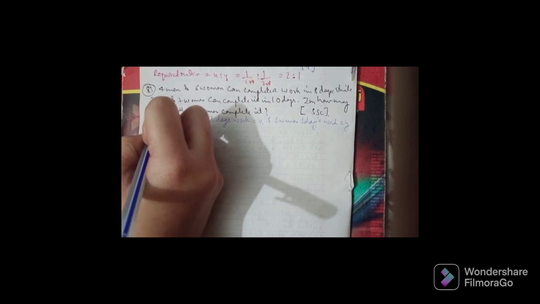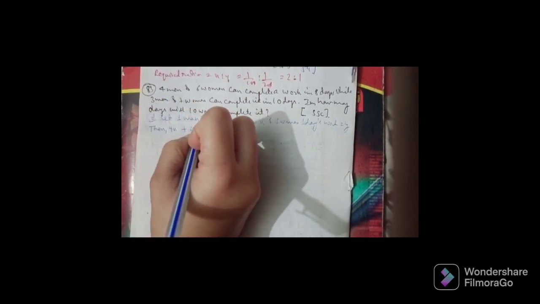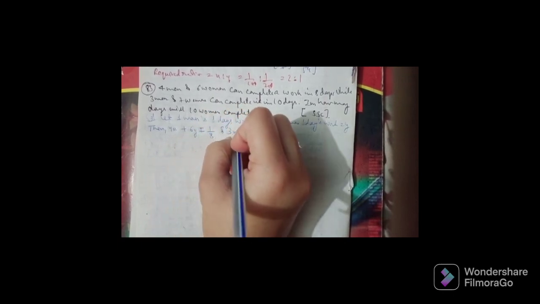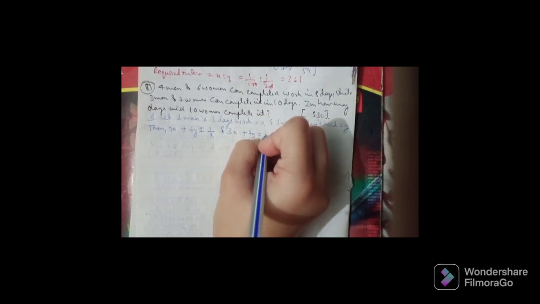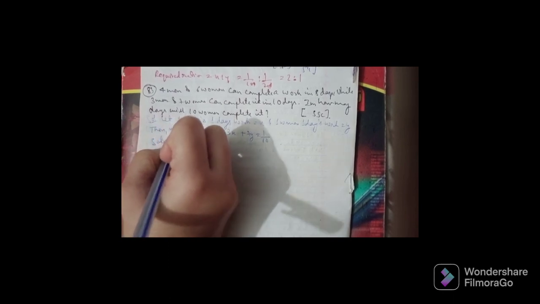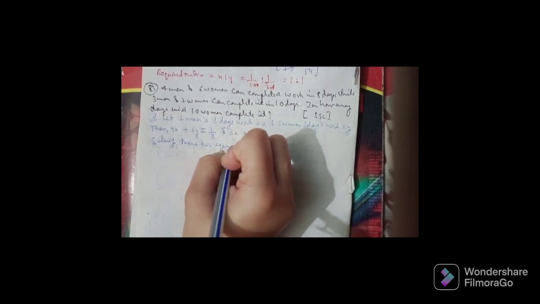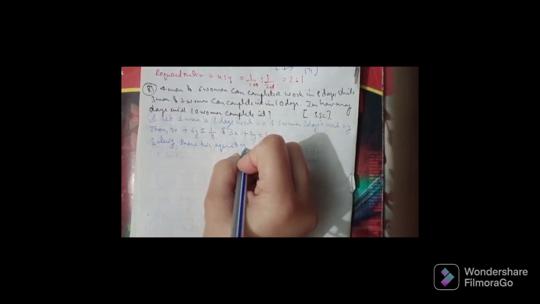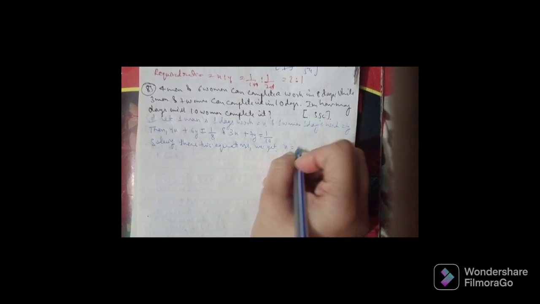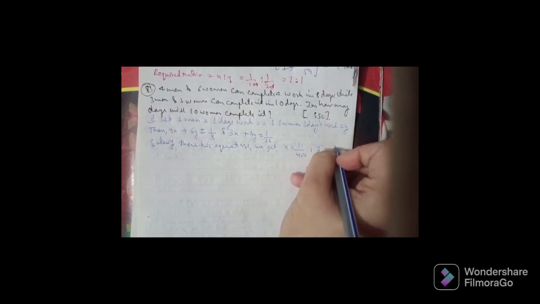Then 4x plus 6y equals 1 upon 8, and 3x plus 7y equals 1 upon 10. Solving these two equations, we get x equals 11 upon 400 and y equals 1 upon 400.